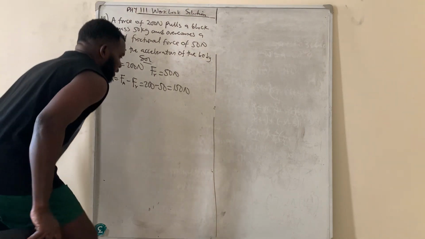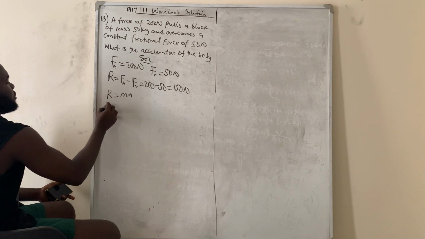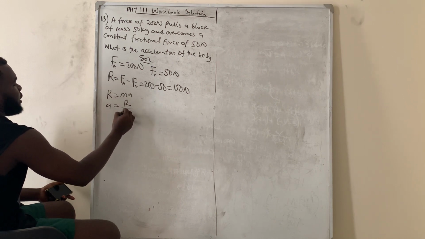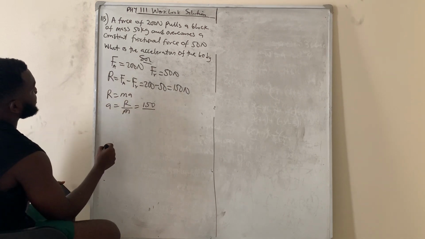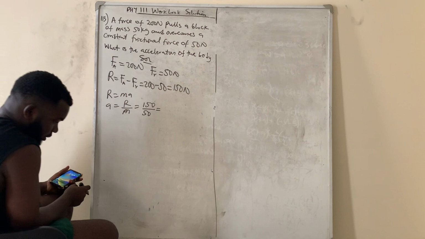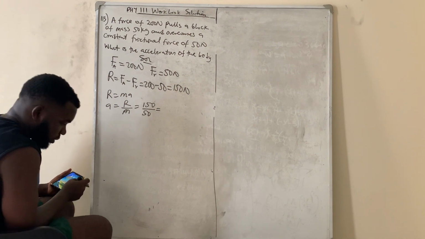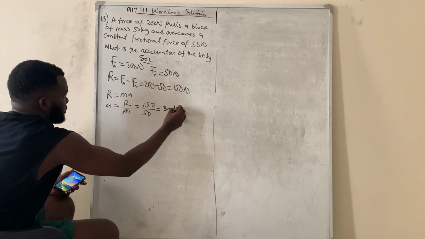They say we should calculate the acceleration. My R will be ma, so my a will be R over m, which is 150 divided by the mass they gave me, 50 kg. So 150 divided by 50 gives 3 meter per second squared.